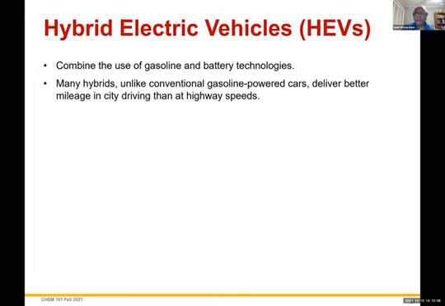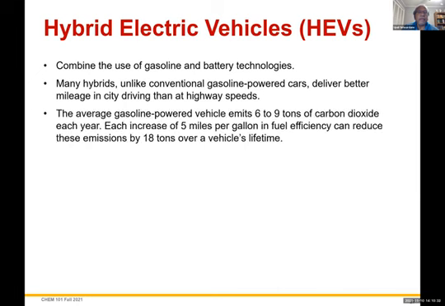One reason is that at highway speeds, to get the speed up, you have to have a lot of power. Therefore, more gasoline is used than battery power. So slower, low speed driving in the city is better with the hybrid car.